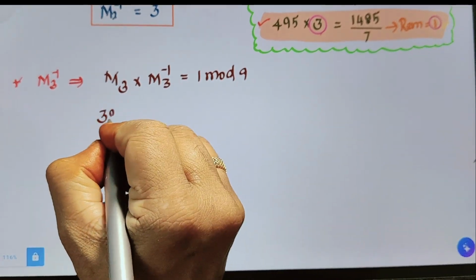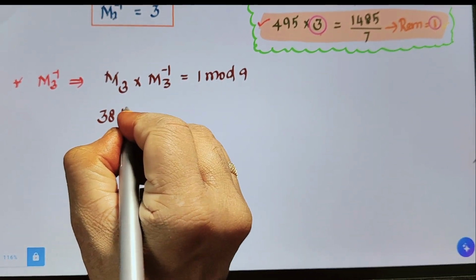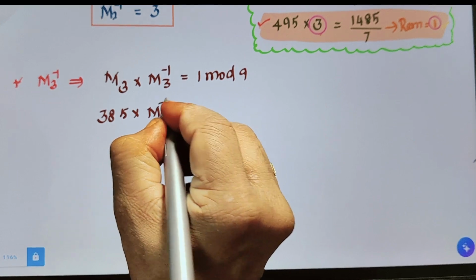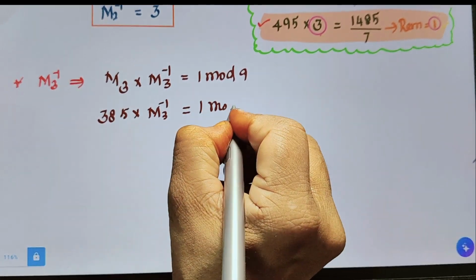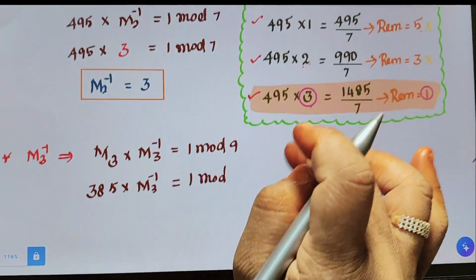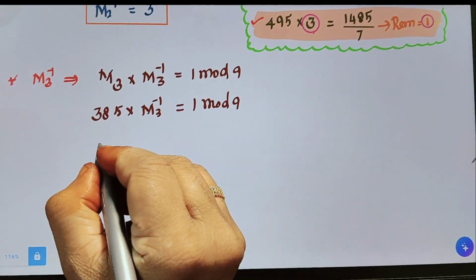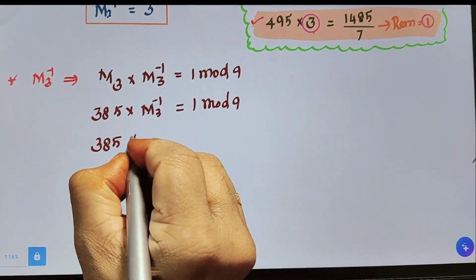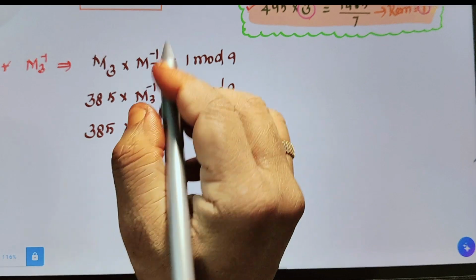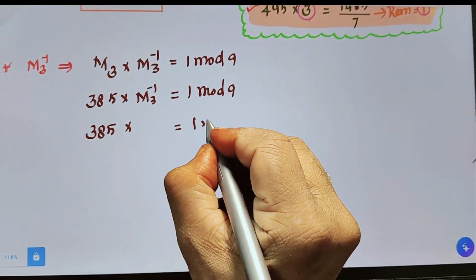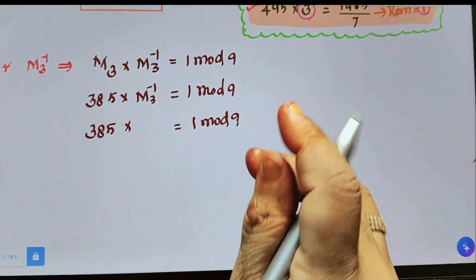M3 value 385 into M3 inverse, we don't know, right? 1 mod 9. Then 385 into, we don't know the value of M3 inverse, so leave the space, 1 mod 9.